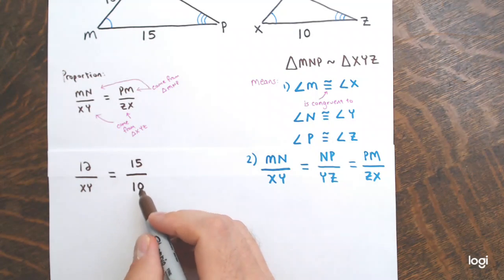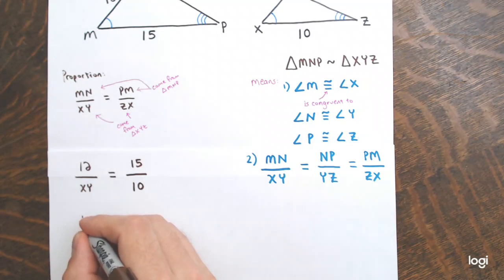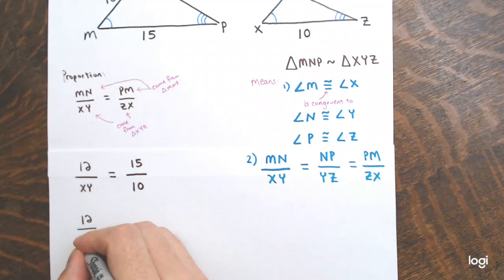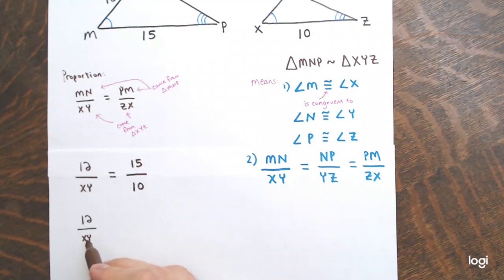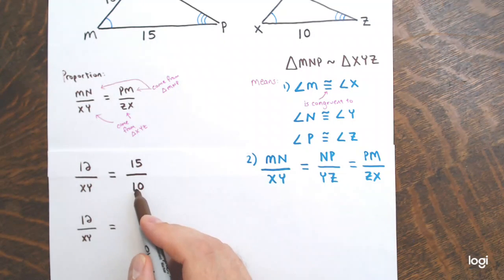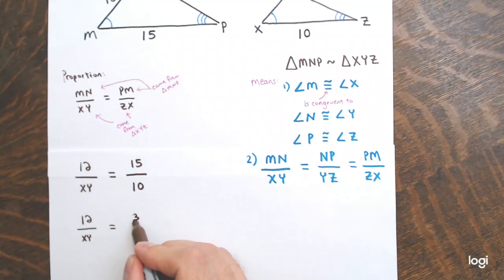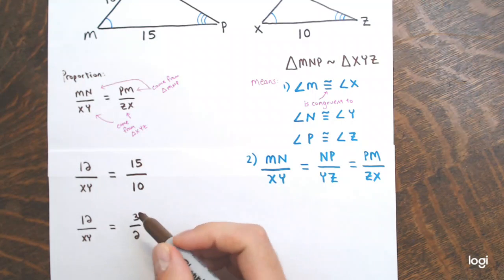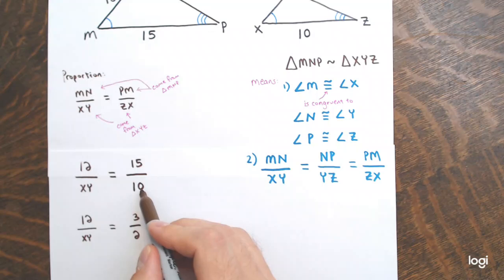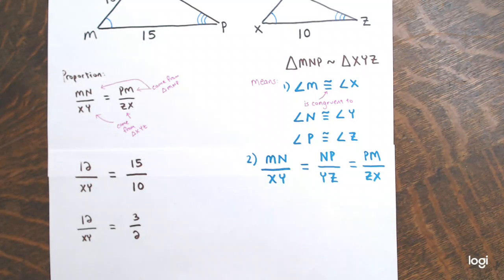They have a common factor of 5. So I'd have 12 over the length XY, again a single variable, equals, and then 15/10 reduces to 3 over 2. This is 3 times 5, this is 2 times 5, you would cancel the 5s.